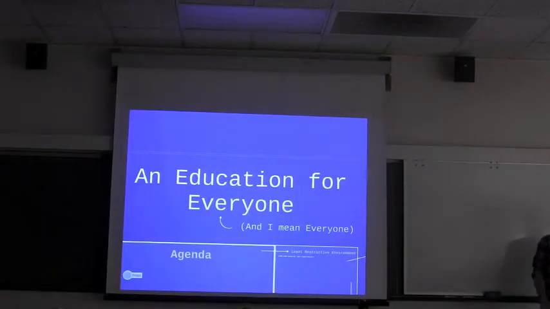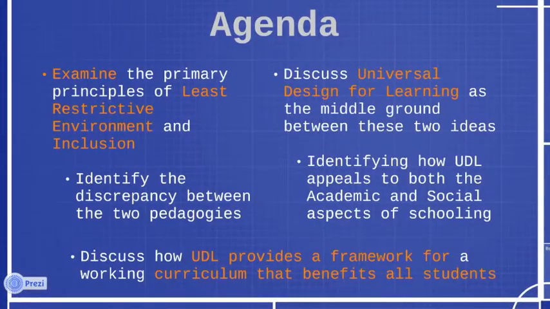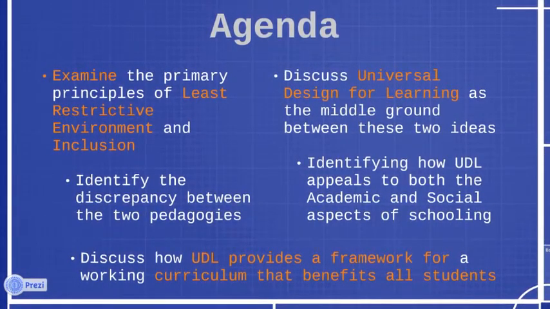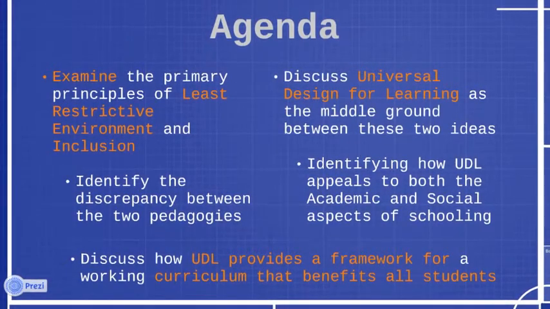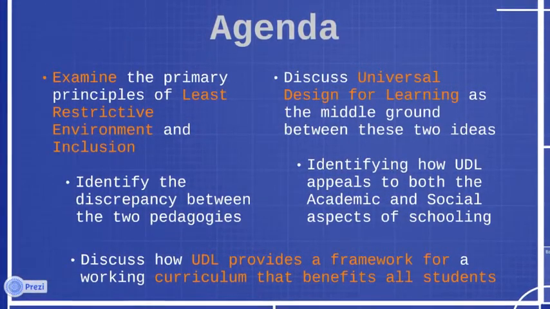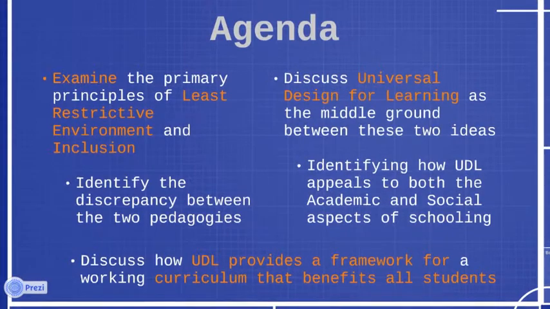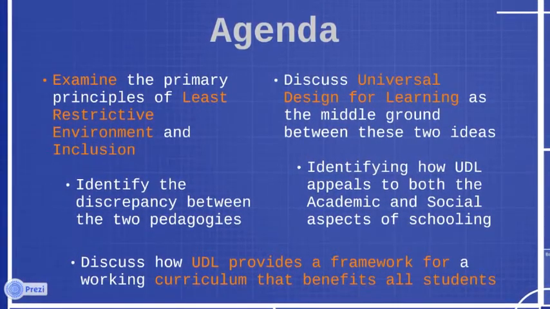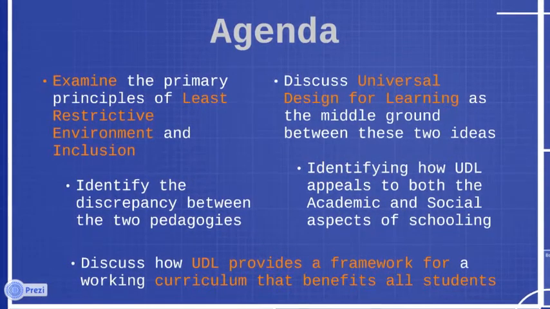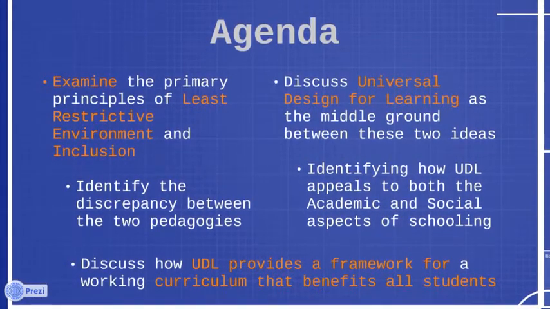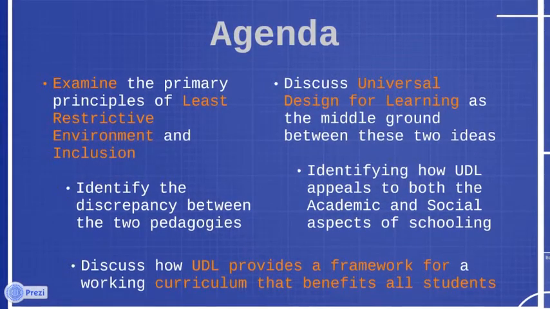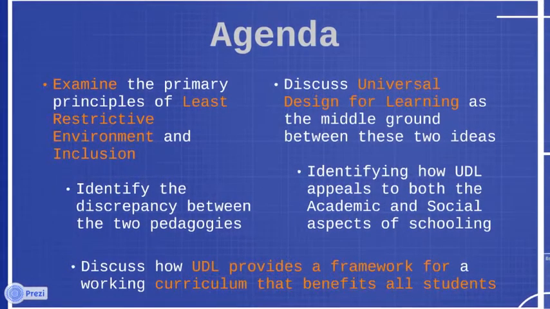Like I said, what we're going to be going over is we're going to start with examining primary principles of LRE, or least restrictive environment, by law, and then inclusion by definition. We're going to identify the discrepancy between the two conflicting pedagogies. These are two ideas that don't really sit well with each other. They're on opposite sides of the fence. We're going to discuss what universal design for learning is and how it's the middle ground between these two ideas.